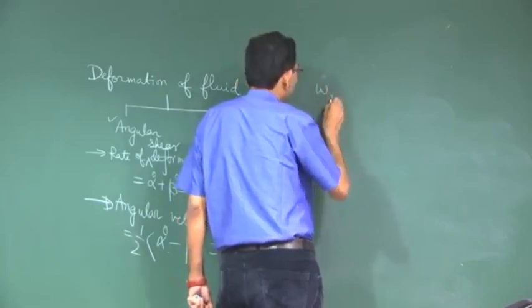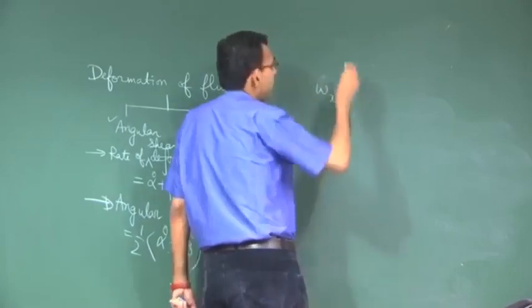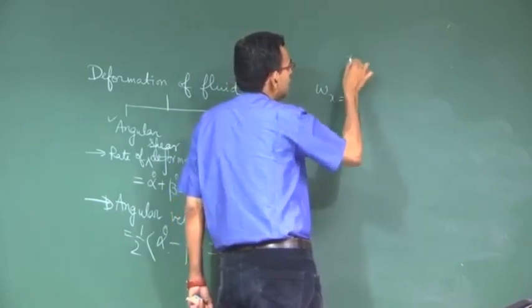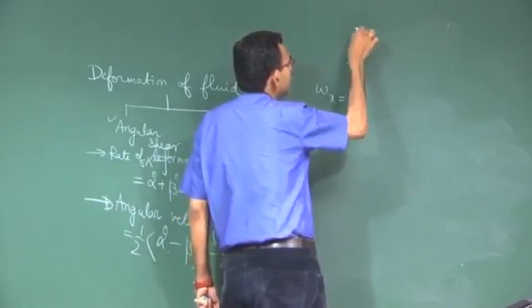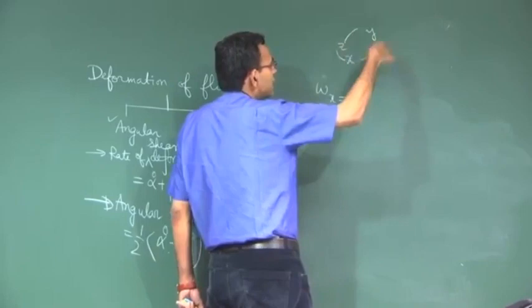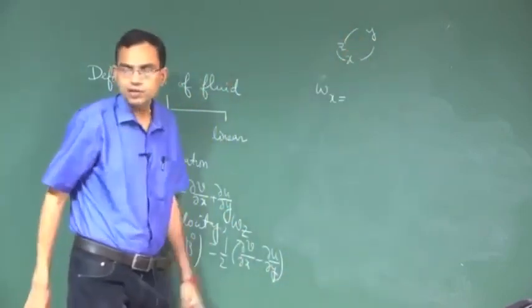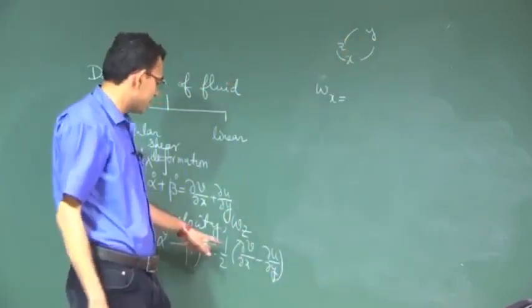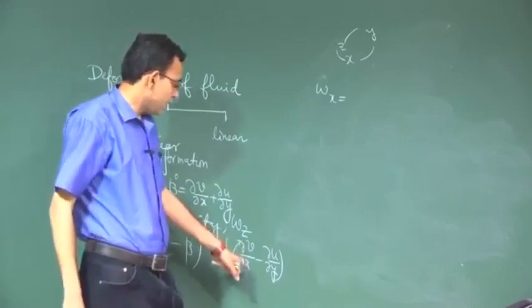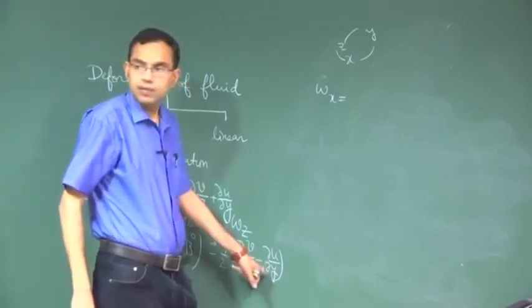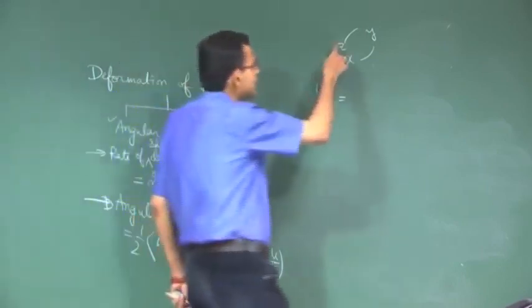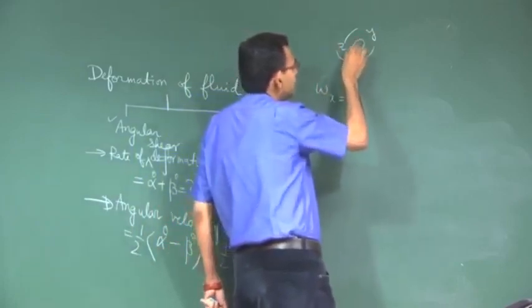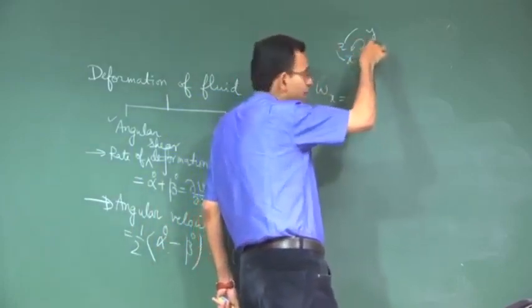So omega x, remember that you have a triad in the right handed system. This is how you have the connectivity between x, y and z. So omega z, you see in the derivative first comes x and then comes y. So after z in the anti-clockwise direction first comes x and then comes y.